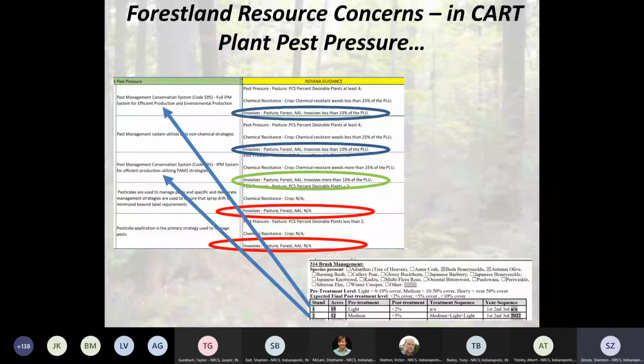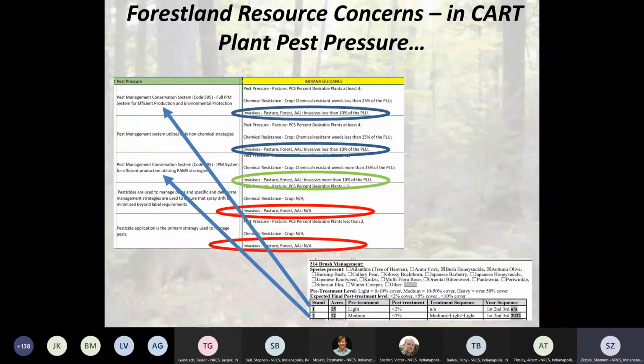As you read the national questions that you will, this is what you'll see in CART when you pull up plant pest pressure. Man, this is all about IPM. And as Tony went into some great detail, the pesticide loss questions focus heavily on IPM, but so too do the plant pest pressures.